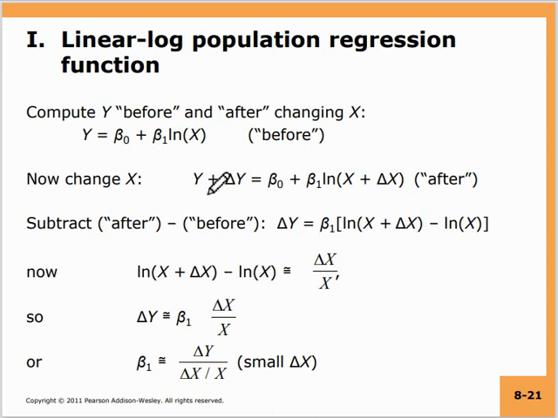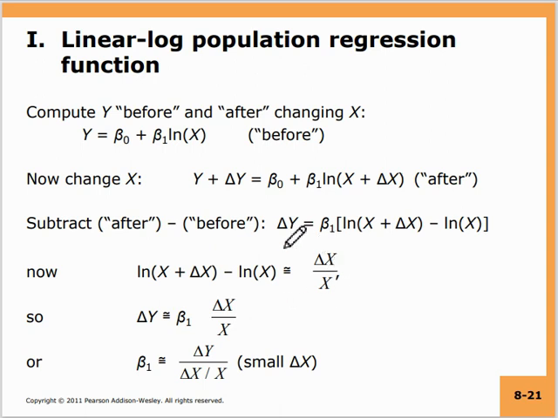On your left-hand side you have delta y, and on your right-hand side the beta 0s cancel out. You have beta 1 multiplied by log of x plus delta x minus log of x. But as we have discussed before, log of x plus delta x minus log of x is approximately equal to delta x by x.